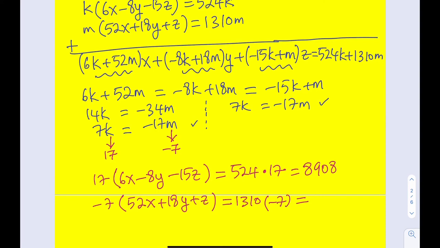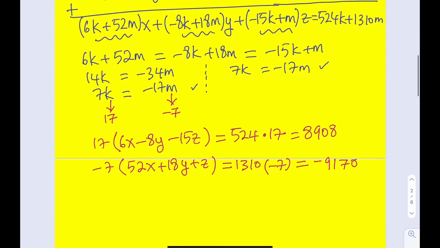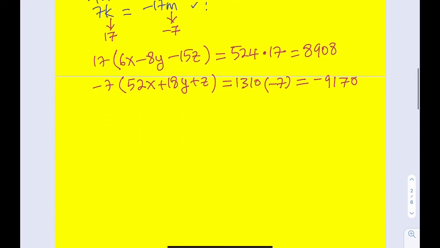1,310 multiplied by negative 7 is going to be negative 9,170. If you know 13 times 7 is 91, this should be easy. Okay, so now I have these two equations. Let's arrange this a little bit. I'm going to distribute this. 17 times 6x is going to be 102x.